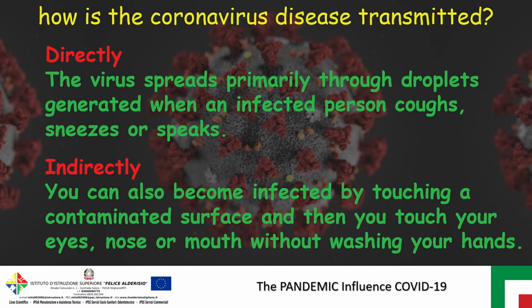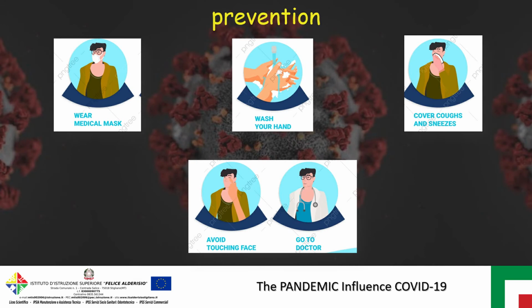It's also possible for the virus to remain on a surface or object and be transferred by touching and entering the body through the mouth, nose, or eyes. To prevent coronavirus contagion and disease, these habits are important: wear a medical mask, wash your hands, cover coughs and sneezes, avoid touching your face, and go to the doctor.